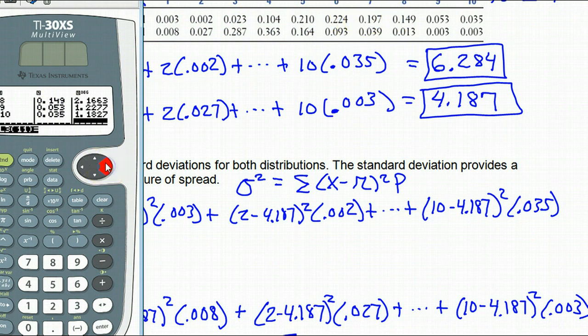The good news is we don't even have to change the formula for list 3. It still has the correct formula in there from the last step. So just quit your way out of this and do second data, one variable statistics. Make sure it's still on list 3.